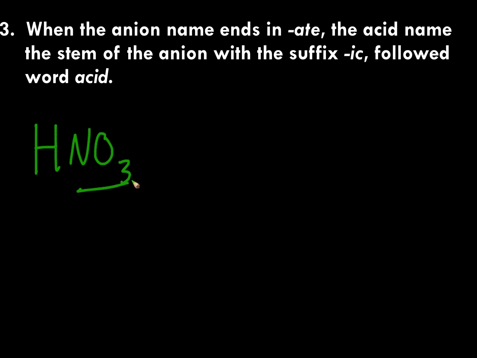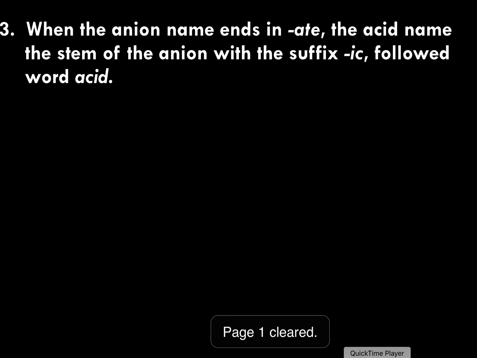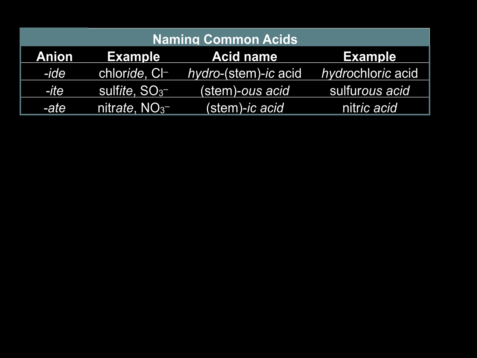NO3 is nitrate. That ATE is going to go to IC. So we'll have nitric acid. And here's just a chart with all three rules together with an example.